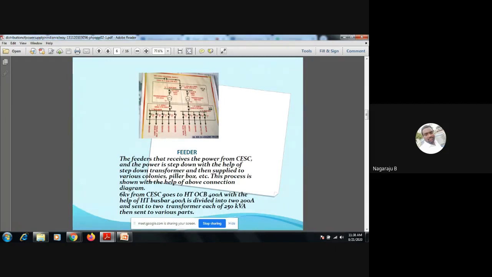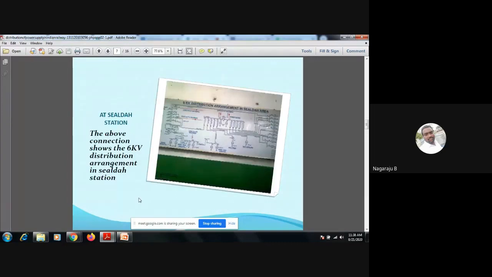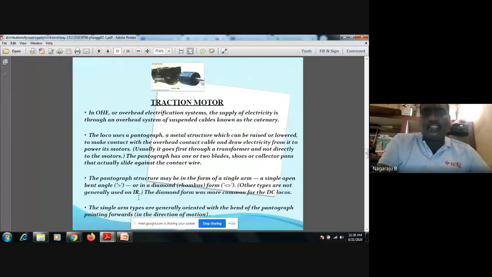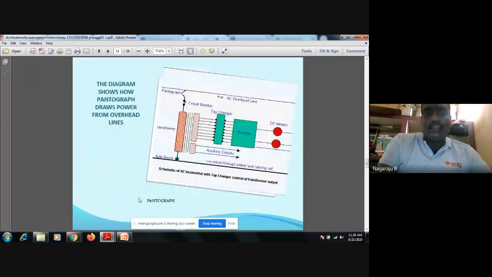This is about the feeder circuit, that's why I am going into this. 250 kVA or so. This is about the 6 kV line. This is about different types of electrification.